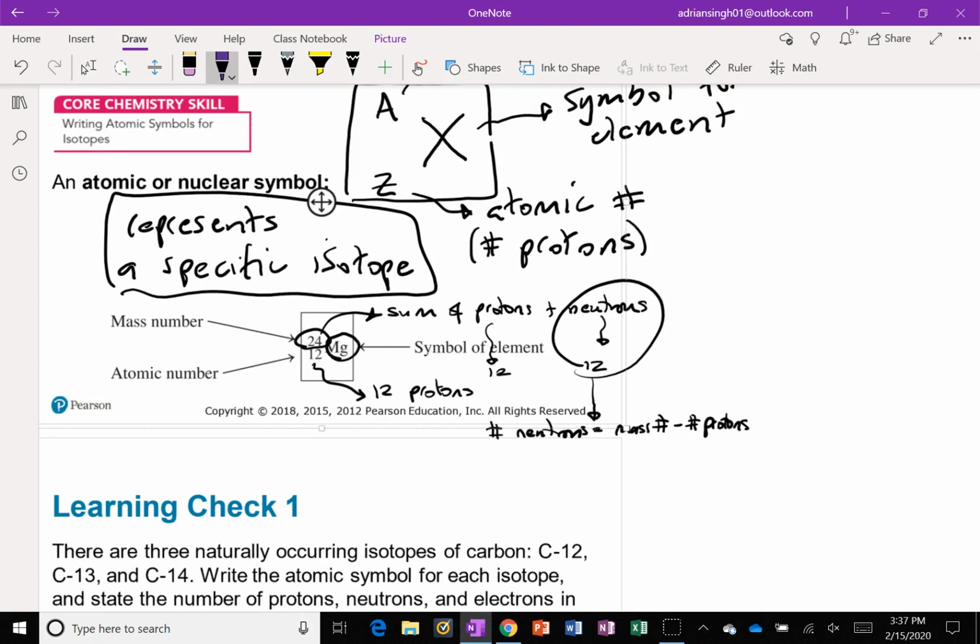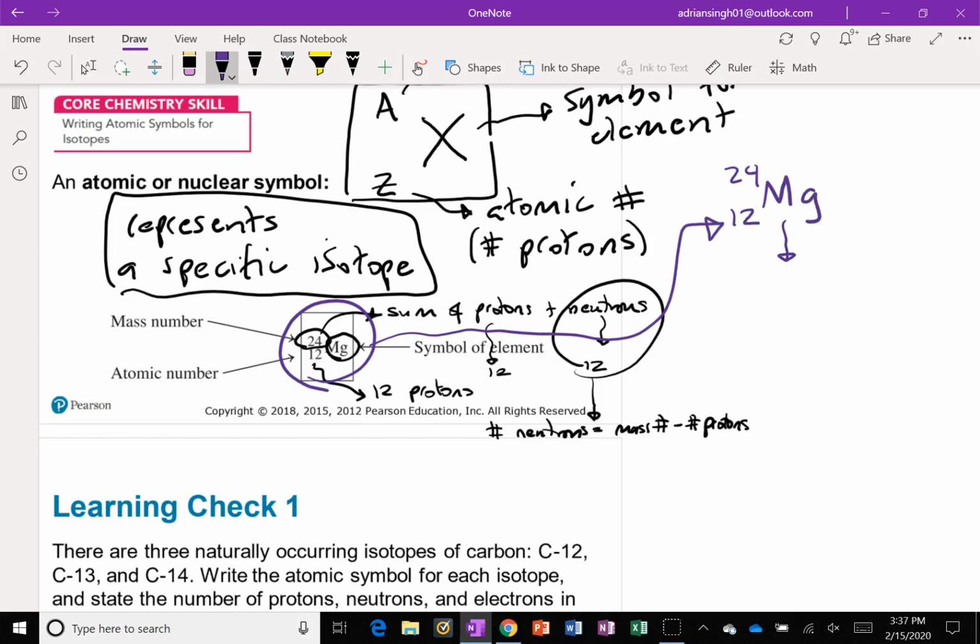All right, so this particular isotope of magnesium here, I'm going to just redraw this over on this side. So I have 24 Mg and then 12. This can also be written as magnesium-24, right? So we have the name and then the mass number, or we can write the symbol Mg24, right?